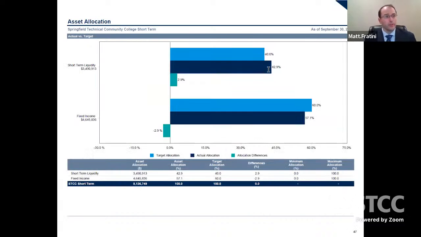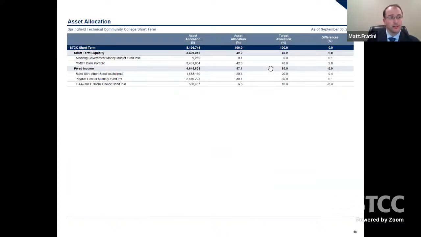One area that we were looking at coming into the new year about potentially changing was adding in a little bit more duration to the portfolio. You can see we've had a strategic underweight to the TIAA-CREF Social Choice Bond. This is what Dr. Cook was mentioning earlier. This is the ESG fund within the portfolio.